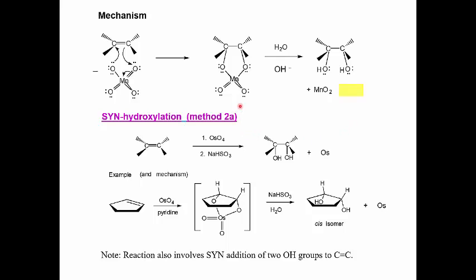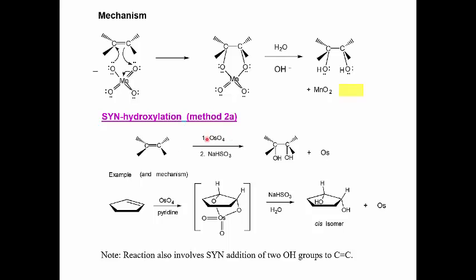Now, I want to show you a second reaction that will also result in the formation of a 1,2-diol, and that uses a different reagent. The reagent here is OsO4. That's called osmium tetroxide. This reaction is actually a two-reaction sequence.